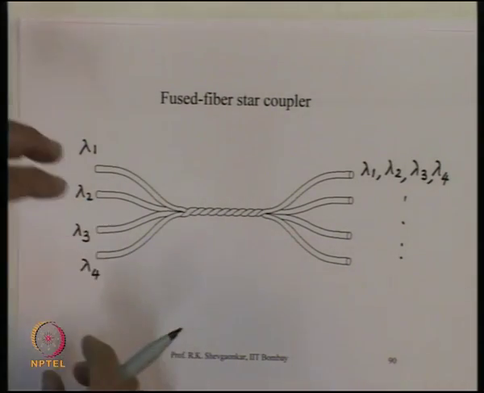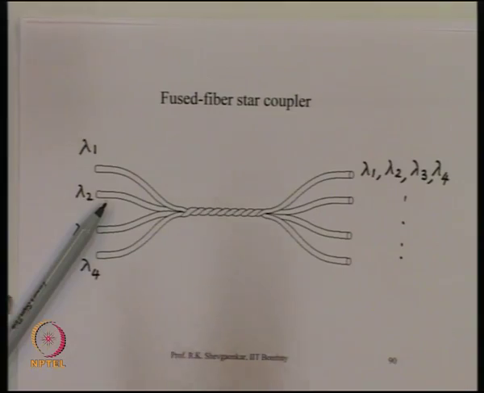So, what this coupler has essentially done is combine the light which is coming at different wavelengths from different users and distribute each wavelength to each user on the other side. This is what is called a fuse star coupler.